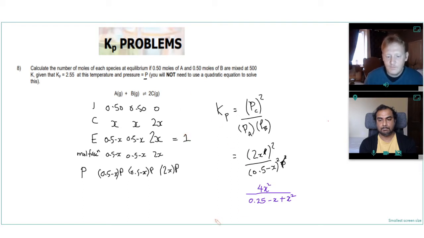Before we do, if you notice it says we don't need to use a quadratic equation. So what's another way of doing this? That is possible, but it's a long-winded way. So at this stage, Kp is equal to 2.55.